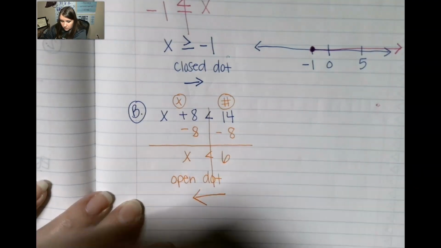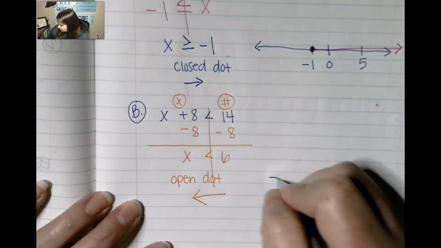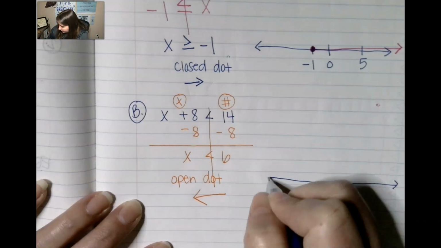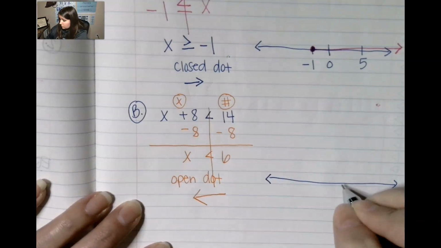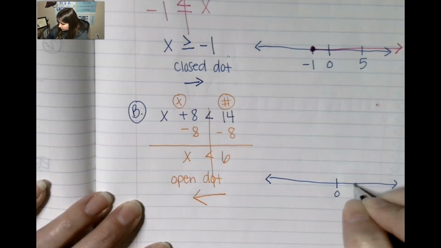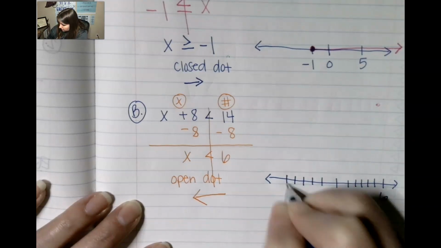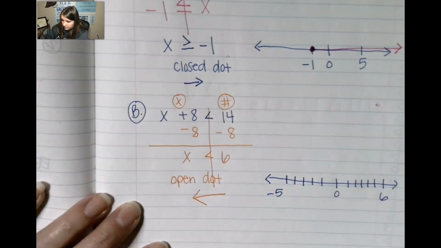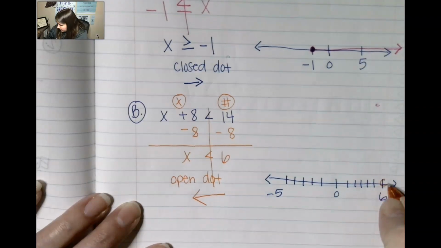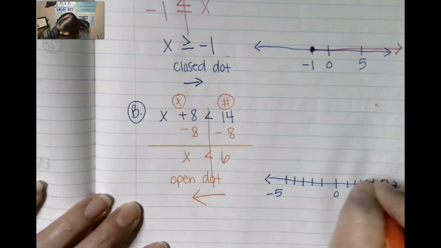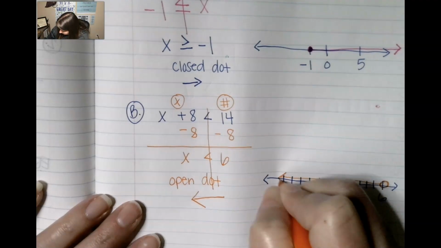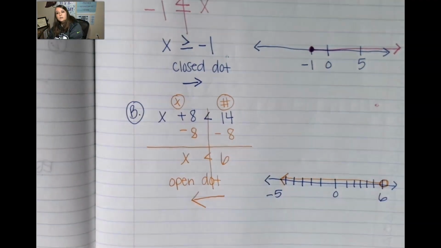Okay, so let's go ahead now and graph this on a number line. 0, 1, 2, 3, 4, 5, 6. All right, again, we want an open dot, nothing in the middle of it. We don't color it in, and our arrow is pointing so that everything is less than.